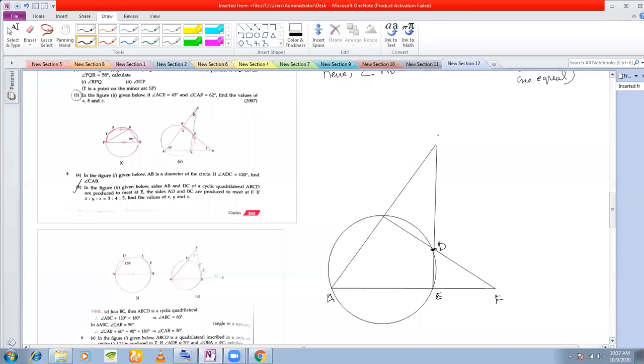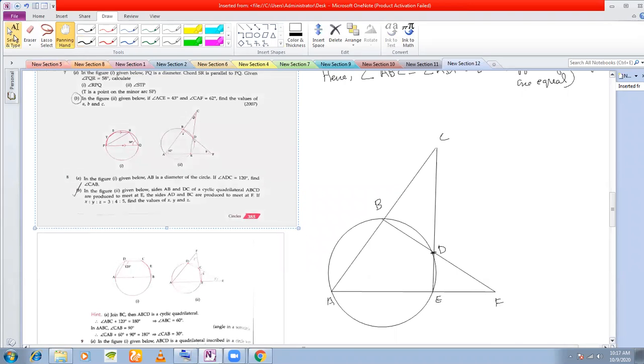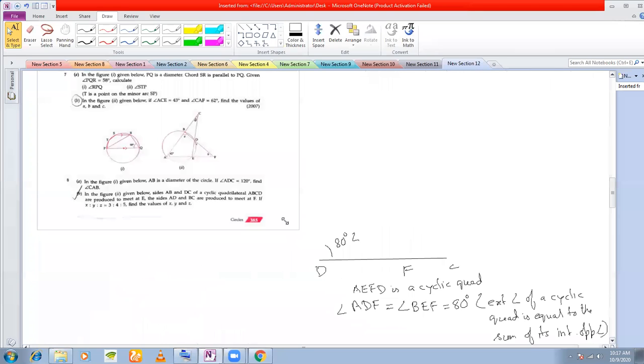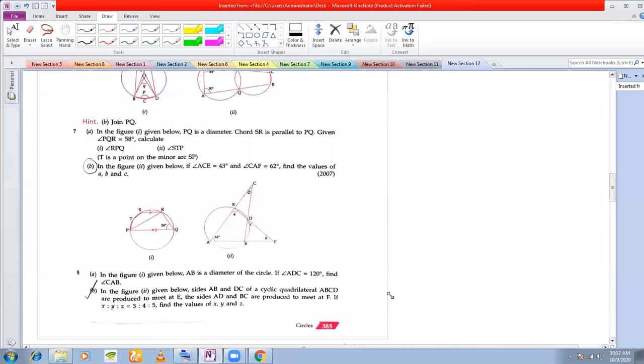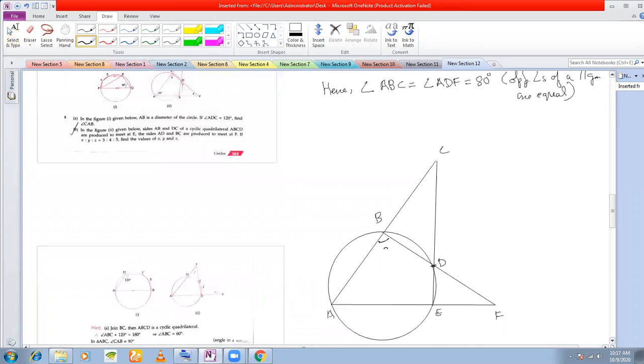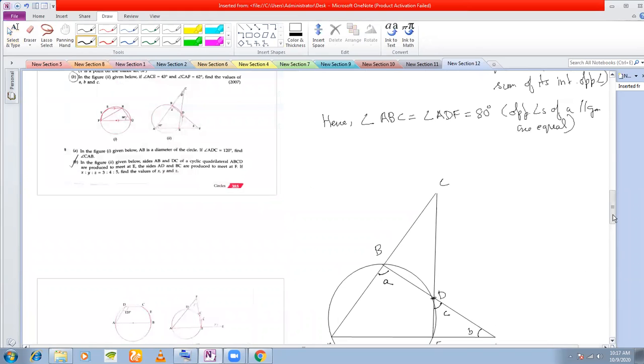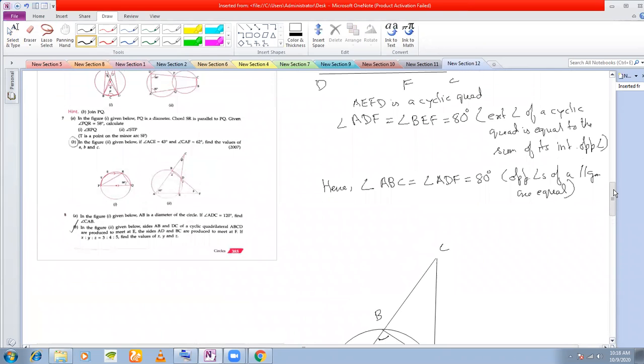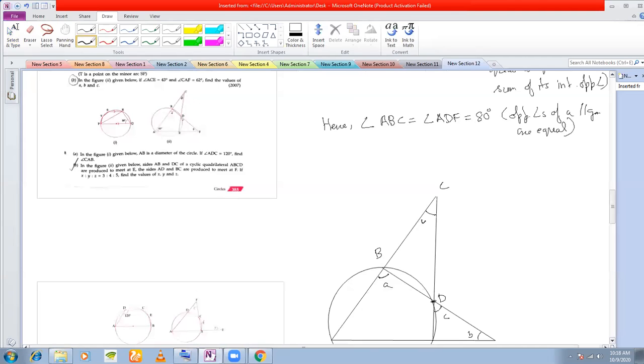This is your point D. This is C, B, and D. Here you have A, B, C. This is A, this is B, this is C. And this is given to be 43, and this is given to be 62.